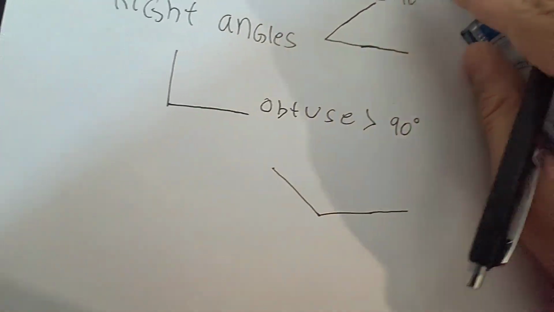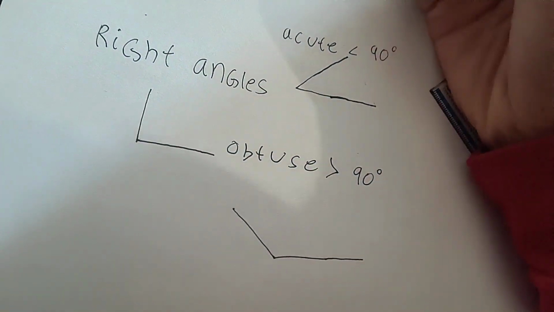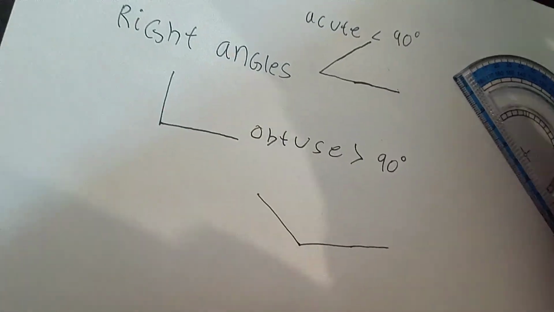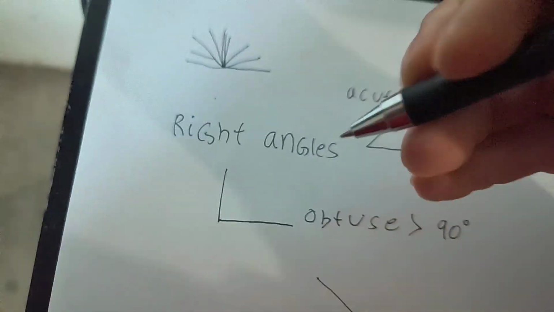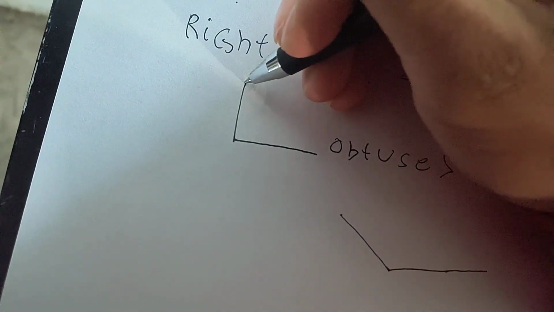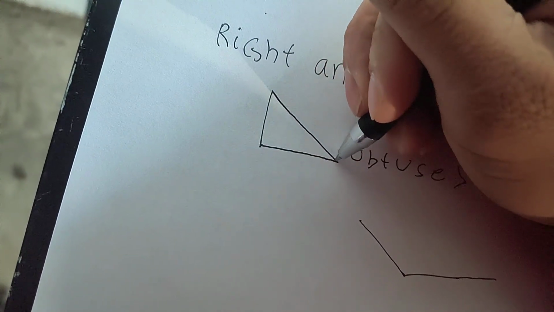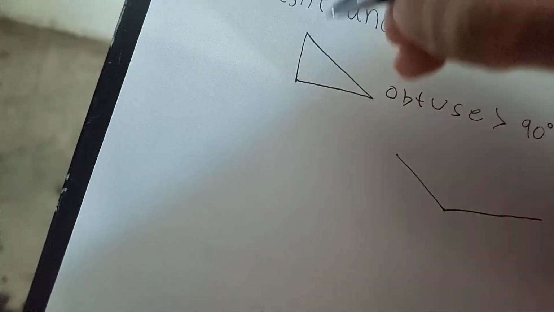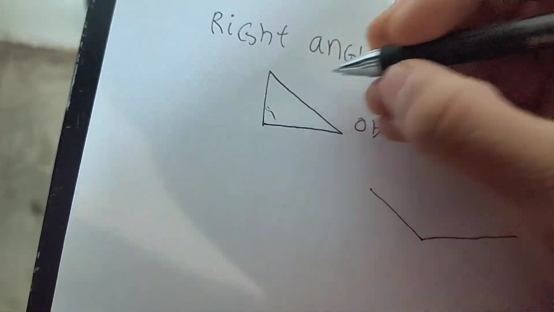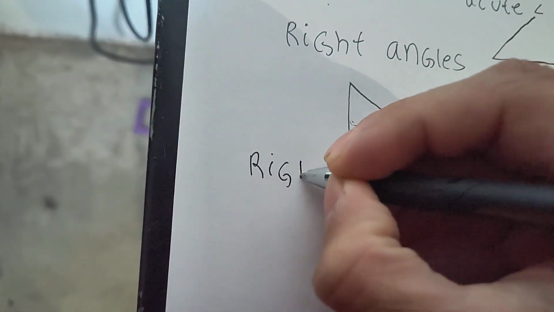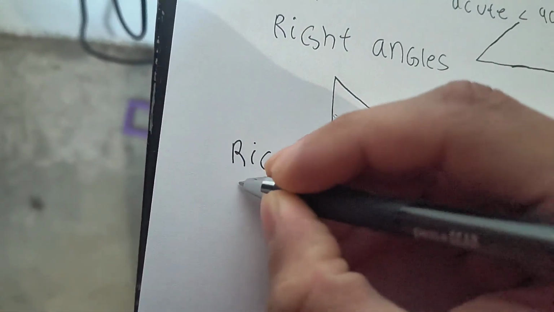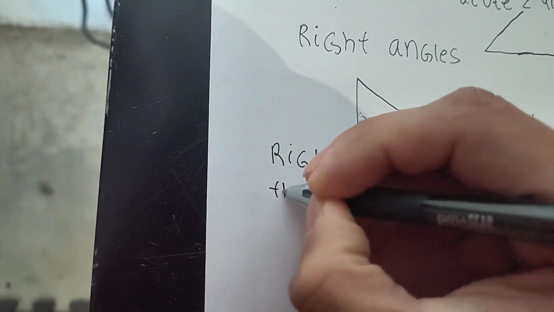And we can classify triangles by doing this. A triangle that has one right angle like this is called a right triangle.